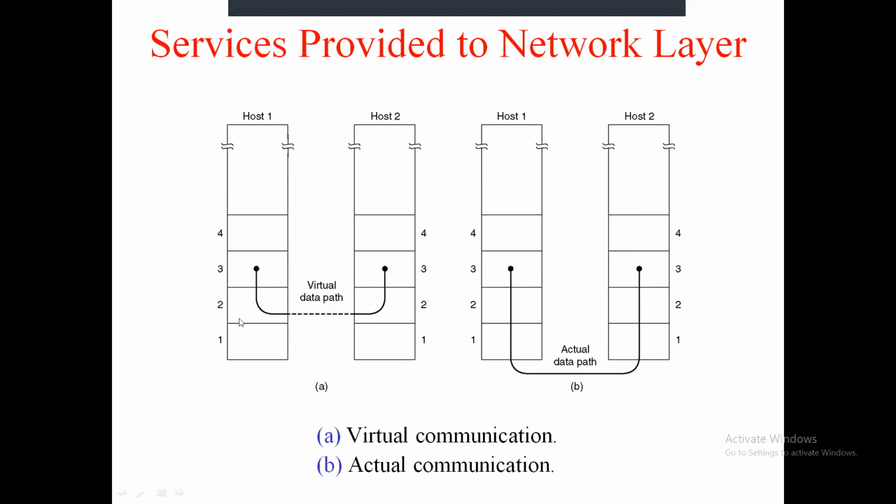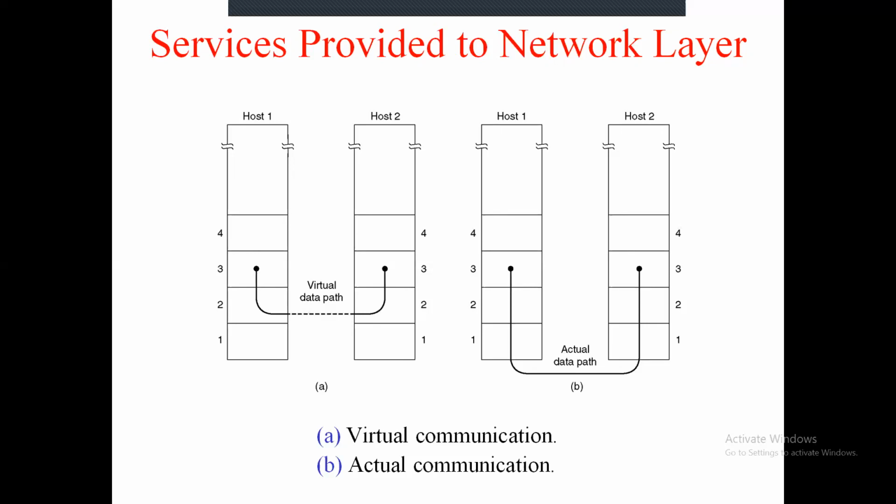The third layer is the network layer. The communication from the sender's network layer to the receiver's network layer happens through a virtual data path. That means it happens directly from the network layer to the data link layer, sender's data link layer to receiver's data link layer, to the receiver's network layer. This is virtual communication, which happens through a virtual data path.